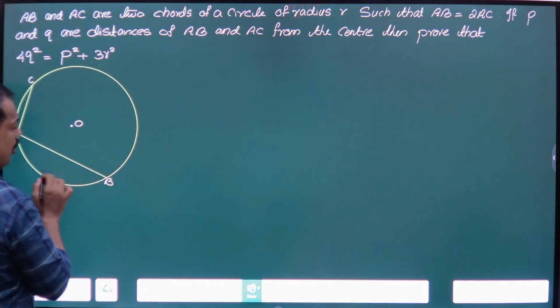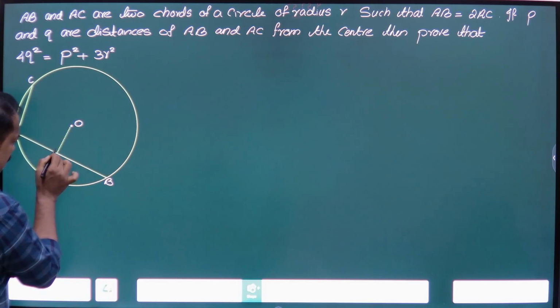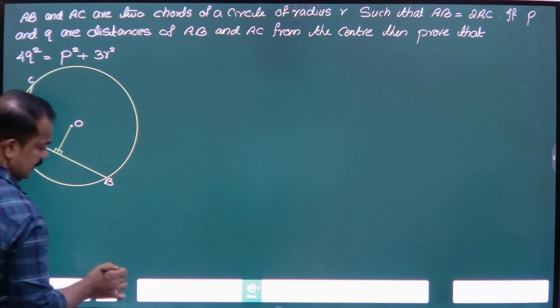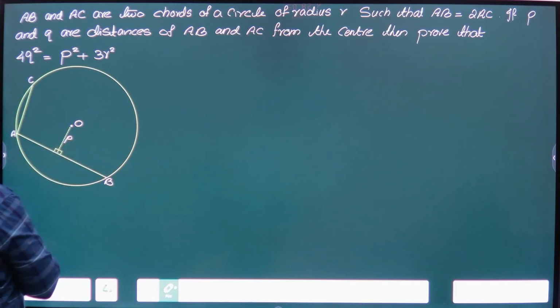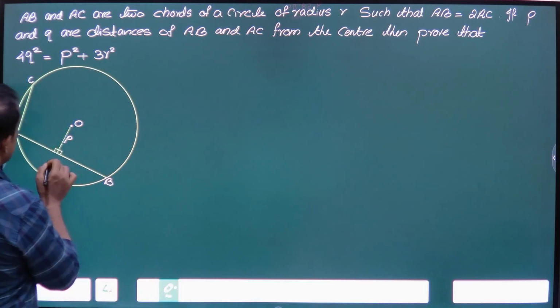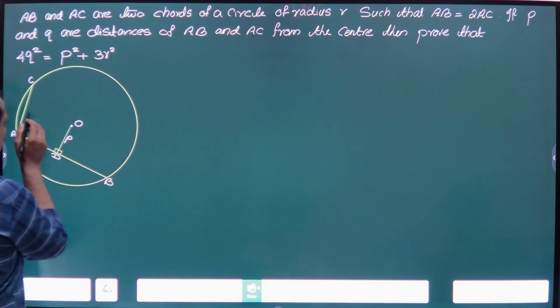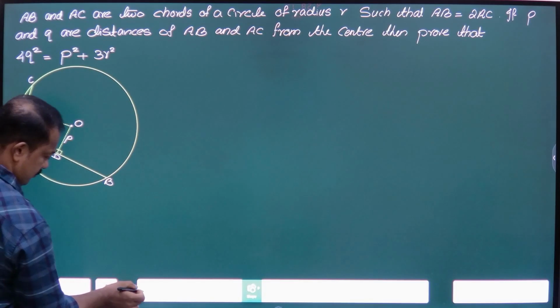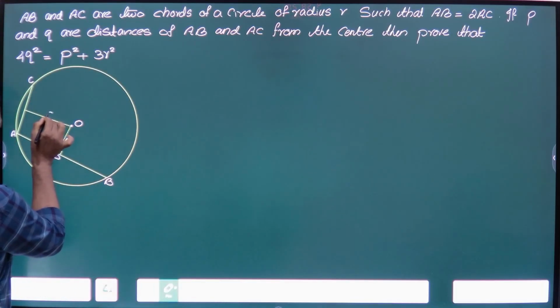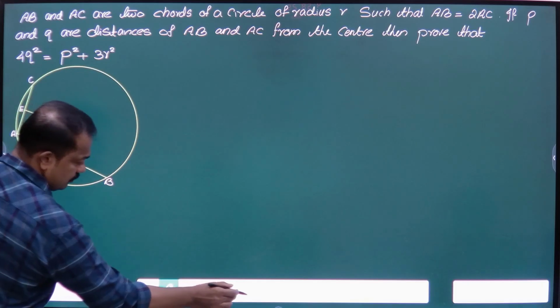The distance of the chord AB from the center is given. Distance is always perpendicular. The distance of the chord AB from the center is P. Suppose this point is D. The distance of the chord AC from the center is Q, and this point is E, which is also perpendicular.